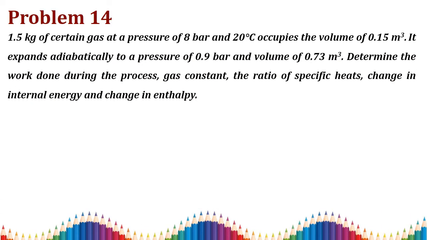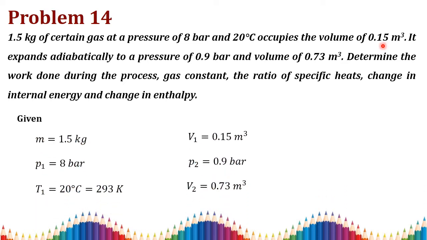Problem number 14. 1.5 kilogram of a certain gas at a pressure of 8 bar and 20 degrees Celsius occupies a volume of 0.15 meter cube. So the mass is 1.5 kg, the initial pressure is 8 bar, the initial temperature is 20 degrees Celsius, and the initial volume is 0.15 meter cube.